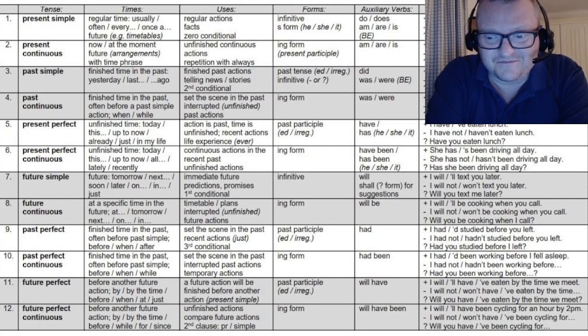So, no, it's past simple. How was your day? What did you do today? How was your test? Oh, it was terrible. Or it was brilliant. Be positive. Past simple. Maybe past continuous, working together with past simple.